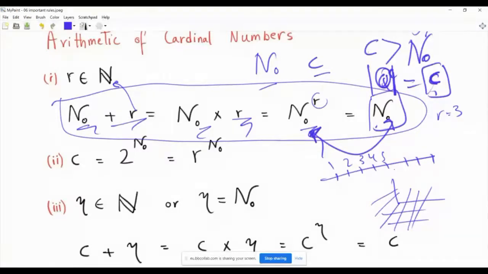We proved something like this for non-negative integers. So the meaning is that Aleph Naught to the r is equal to Aleph Naught. A three-dimensional grid of natural numbers has the same number of elements as a one-dimensional grid of natural numbers. If you feel this is nonsensical, it is not. We proved something like this for non-negative integers in a previous slide.